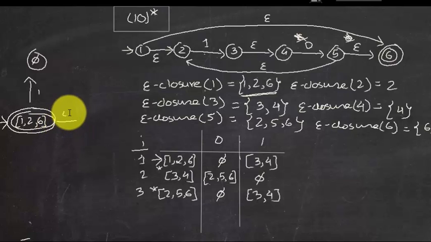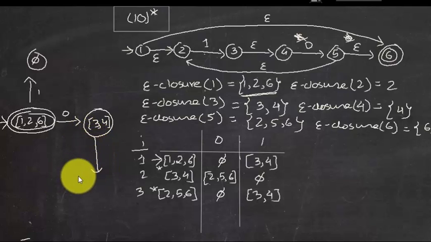On input 0, it goes to 3, 4. Right. And 3, 4 on input 0 goes to 2, 5, 6. 2, 5, 6 is also an accepting state, so double circle.